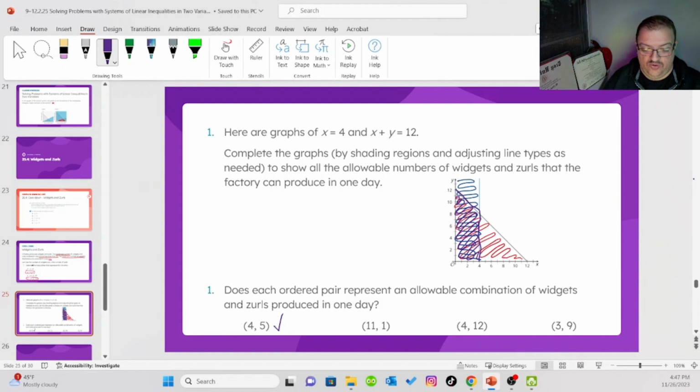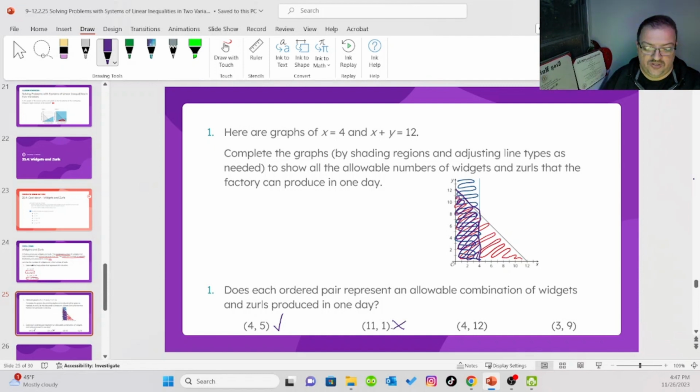I go over 11 and up 1. I'm on the solid black line, but this only makes x plus y equal 12. It does not make x equal or less than 4. So this is not a solution.